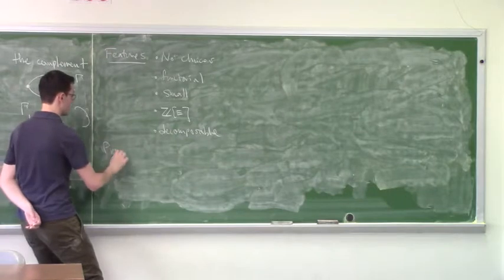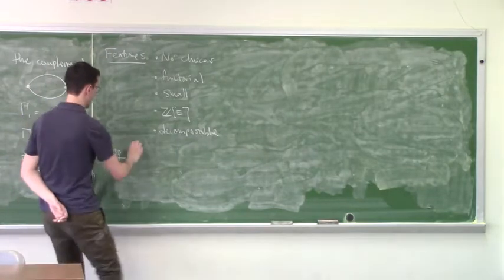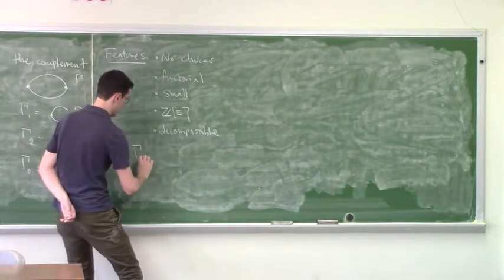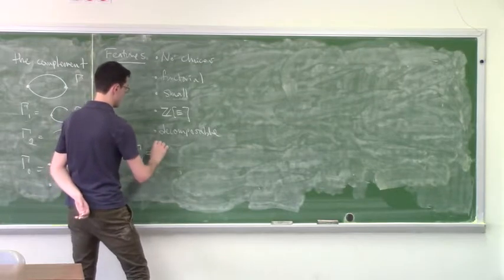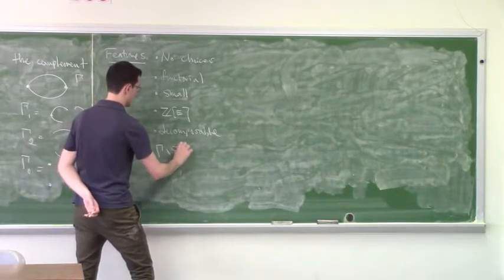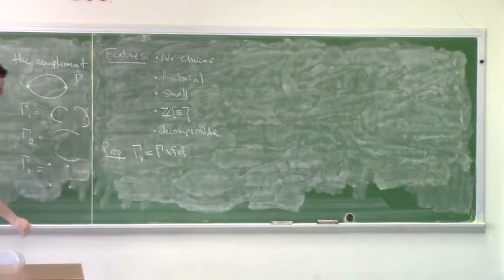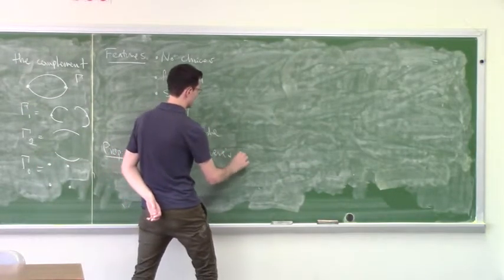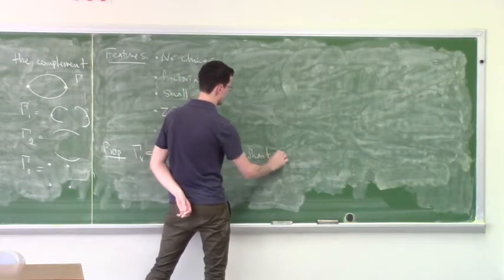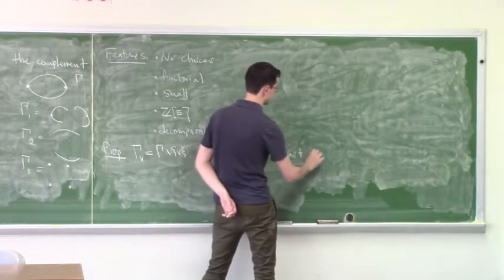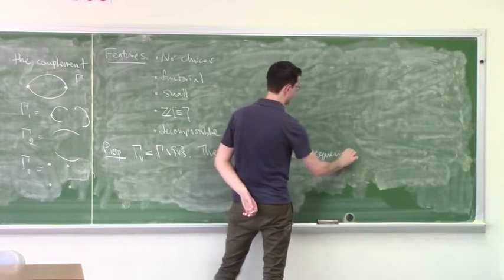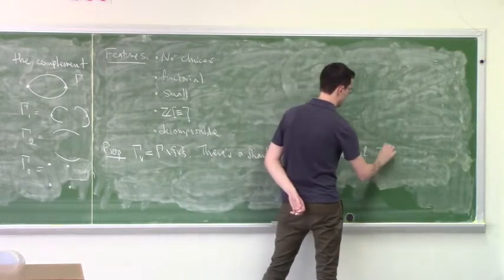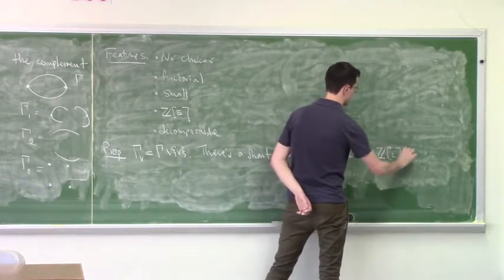So here's the proposition. Let's fix a vertex V and write gamma V for the complement of the vertex. Then there's a short exact sequence of Z adjoin edges modules.